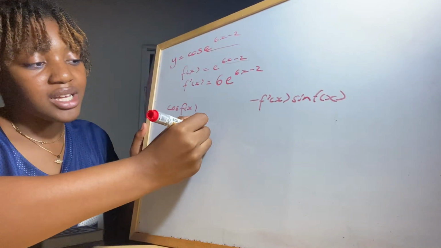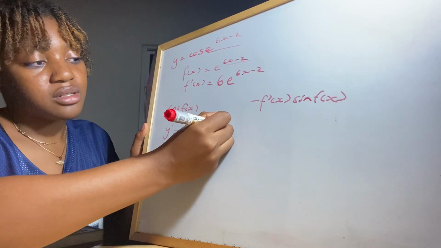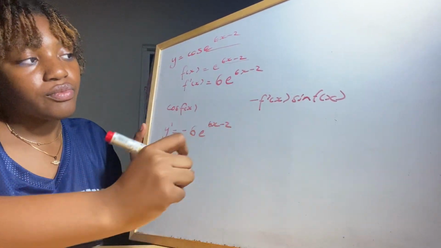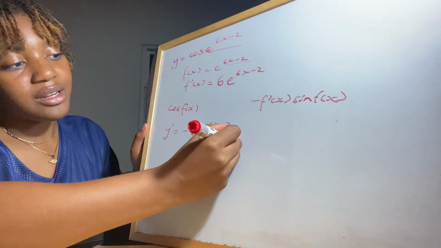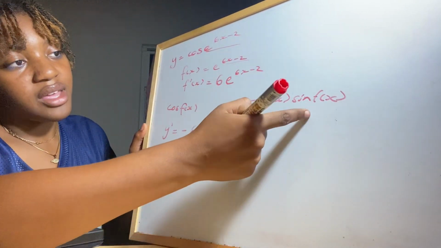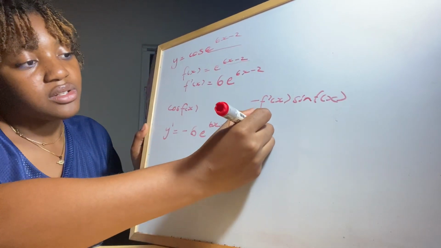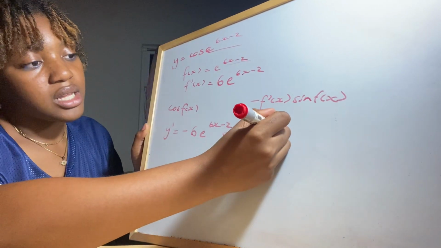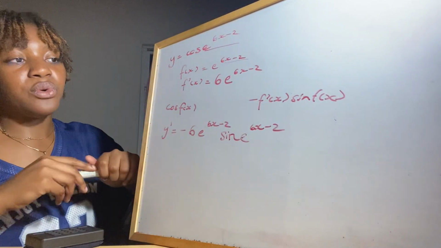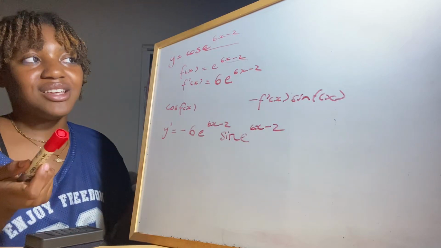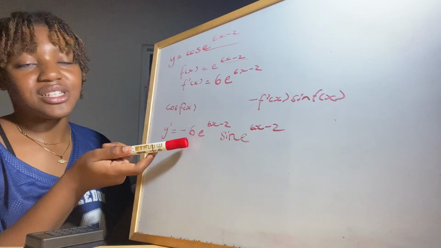So we're going to have the 6 e to the 6x minus 2, and then we're going to have sine of f of x, which is e to the 6x minus 2. And that would be it. That would be cos e to the 6x minus 2 differentiated.